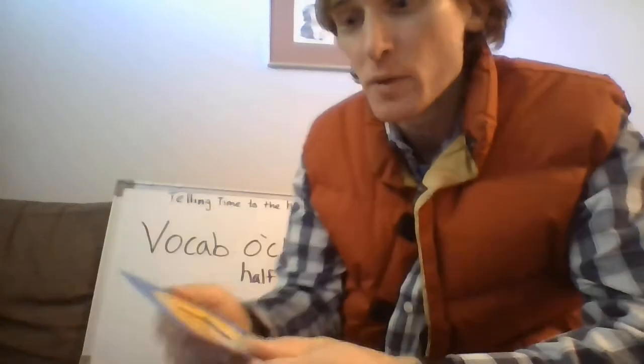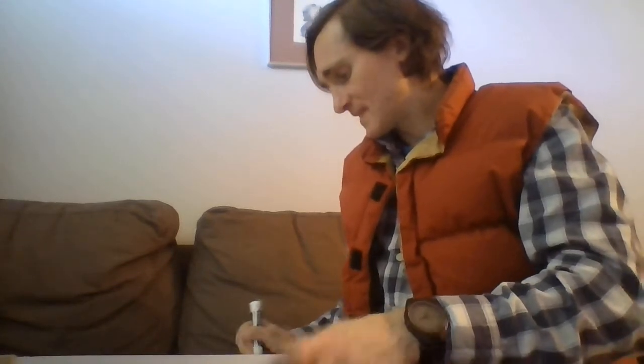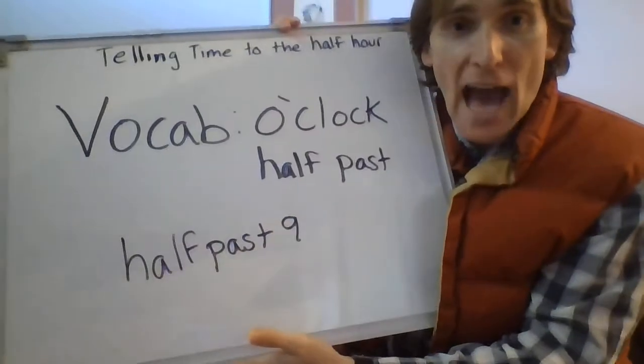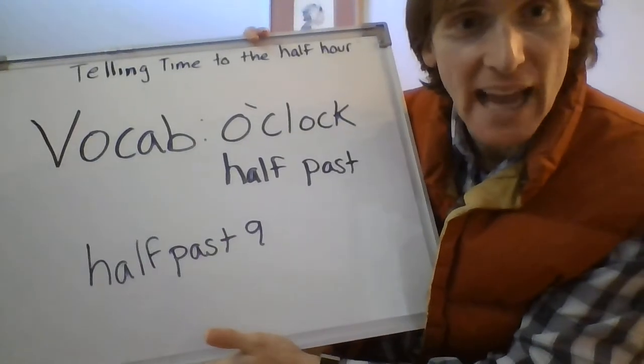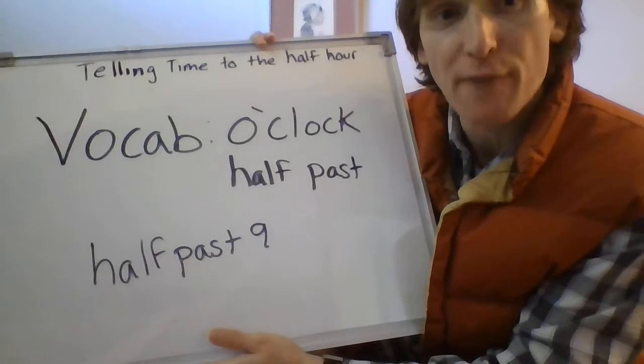It is a half past 9. So we would write it like this. Half past 9. And that is how we are going to write how to tell time to the half hour today.